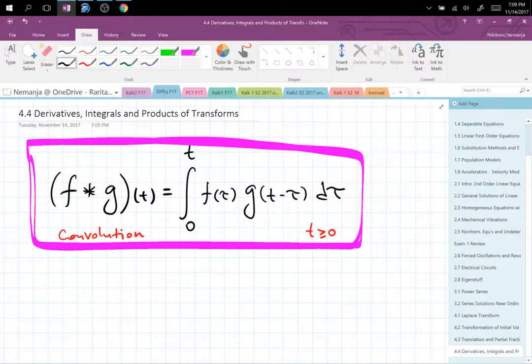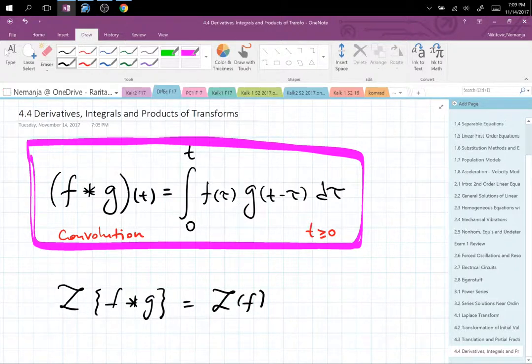That doesn't work. Now, the greatest thing about this is that the Laplace transform of f convolution g is the Laplace transform of f times the Laplace transform of g.